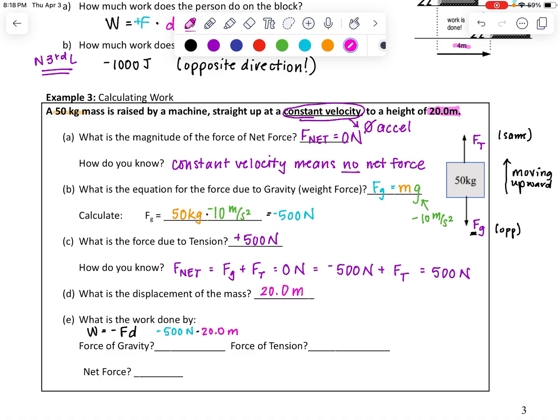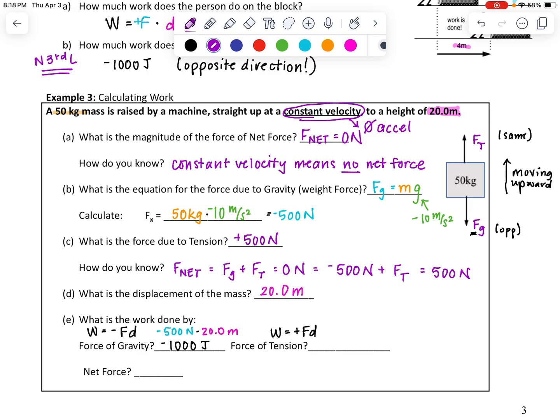When I multiply that out, my work ends up being negative 1,000 joules. Remember, work is energy. Then for the force of tension, W is equal to positive force times displacement.